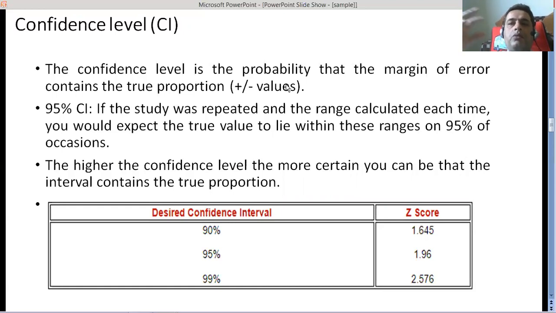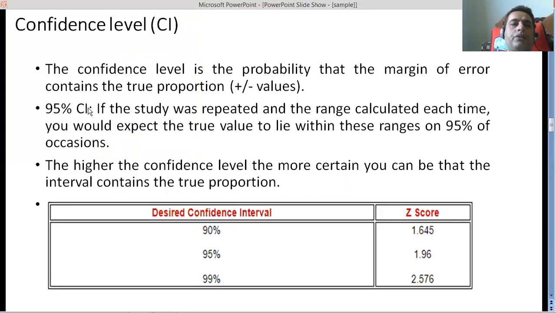It means that if you, for instance, sample the entire population for a particular disease, in 95% of instances, if you repeat this experiment with the same sample size that you have chosen, the results would be almost similar.